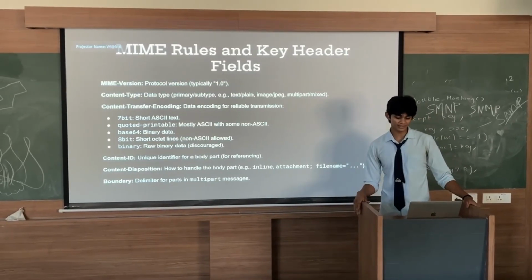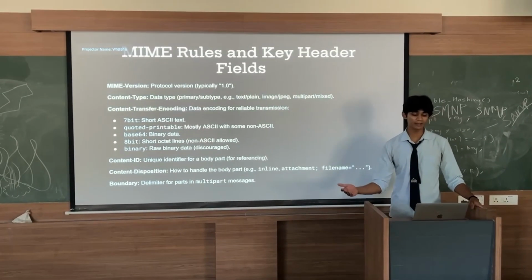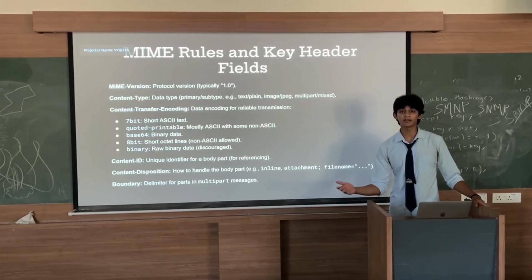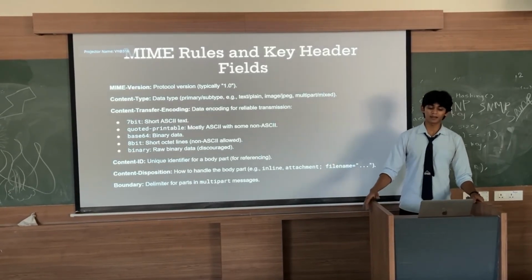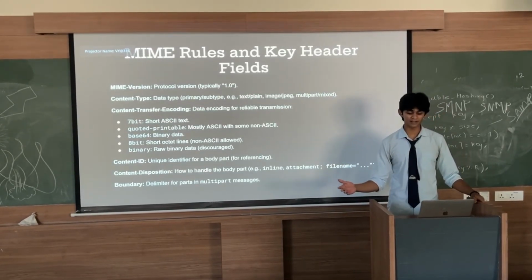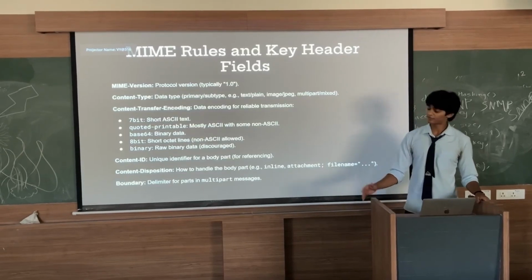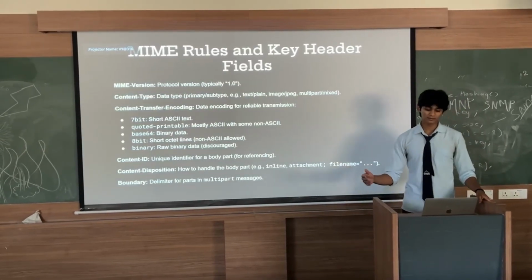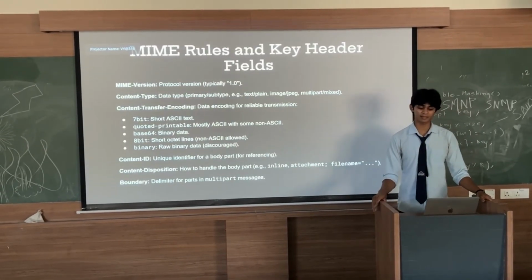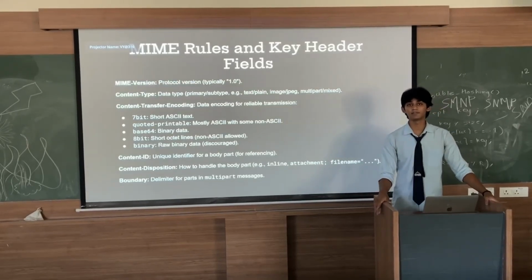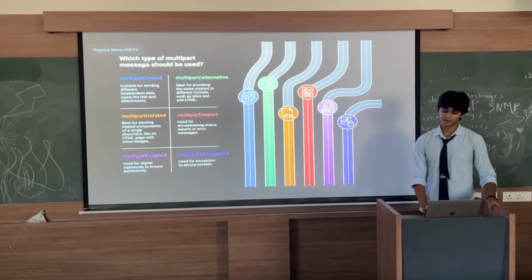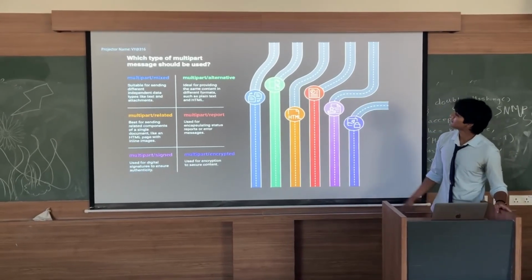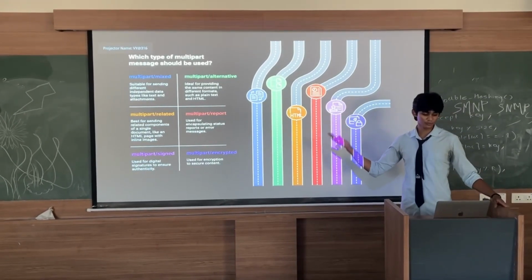Other important headers include content ID for uniquely identifying parts and content disposition, which suggests how the client should handle the content, like displaying it inline or as an attachment with specific file names. Finally, the boundary is crucial for multi-part messages, acting as a separator between the different content sections.